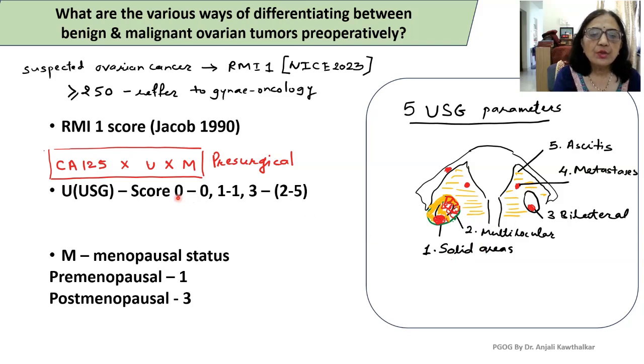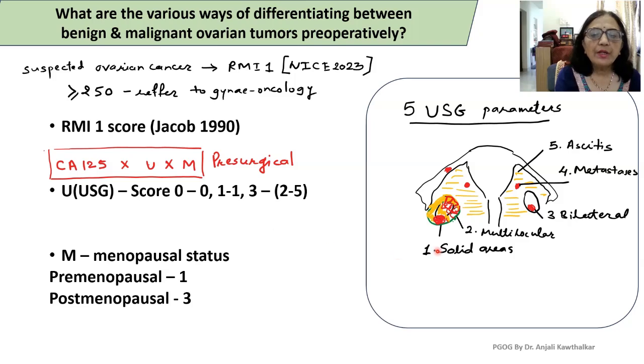Now, if it is a 0 score, then the overall U score is 0, and because it is multiplication, RMI1 will be 0. So if a woman comes to us with a report that there is an ovarian cyst without any solid areas, unilocular, limited to one ovary, no extra ovarian metastasis, and no ascites, then naturally RMI1 for that woman will be 0.